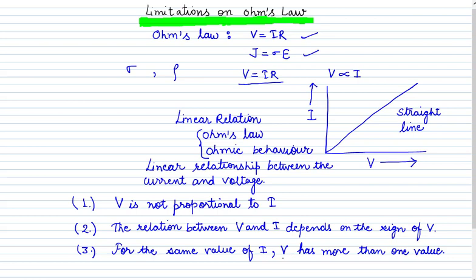V has two or more values for the same value of I. So in these three cases, Ohm's law is violated. V is not proportional to I, that means we will not have a linear graph. Second, the relation between V and I depends on the sign of V. So let us look quickly at how V and I depend on the sign of V.